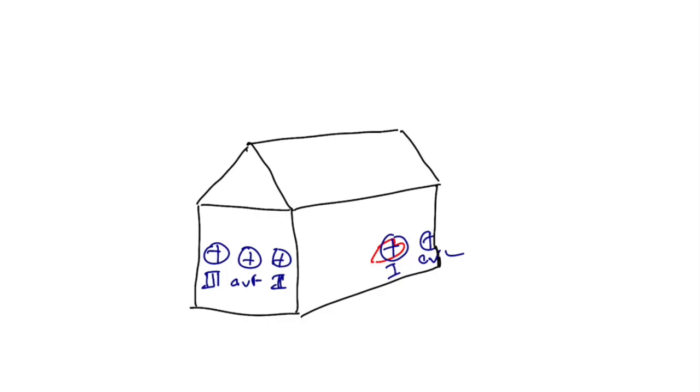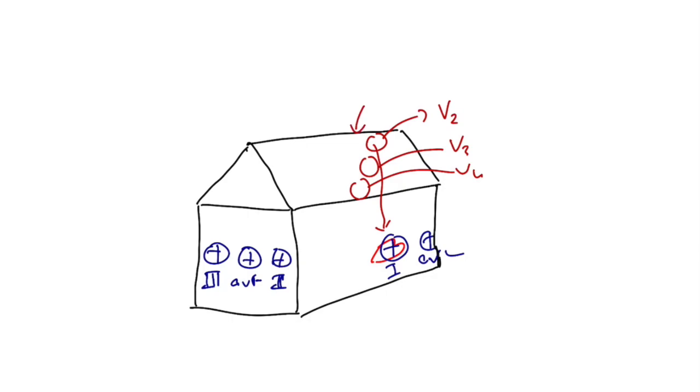Now chest leads are like if someone climbs on top of the house and literally takes out one tile from here. Okay, I'll just use another color. Take out one tile from here, this will be like V2. And if you look through this hole, what part of the heart will you be seeing? Obviously the anterior part. Similarly, if you take another tile from here, this will be like V3, and another tile from here, it will be like V4.